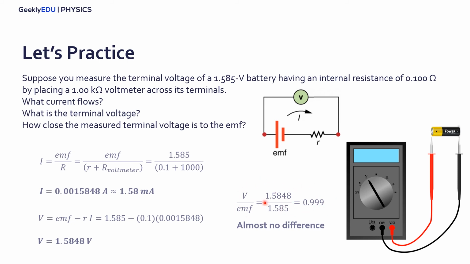That's because, again, we have a very high resistance in our voltmeter compared to the internal resistance of the battery. So we're almost not altering this circuit, and by this we have almost no difference between the measured value in the voltmeter and the actual value of the thing you want to measure in a circuit.